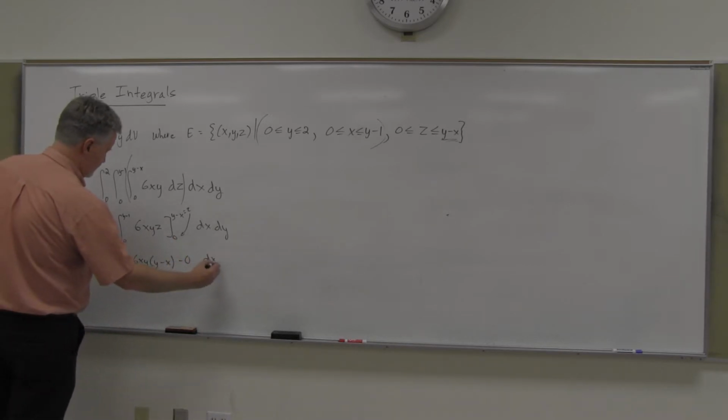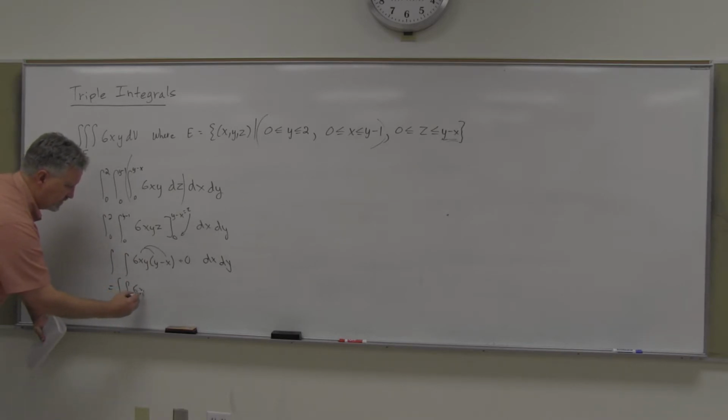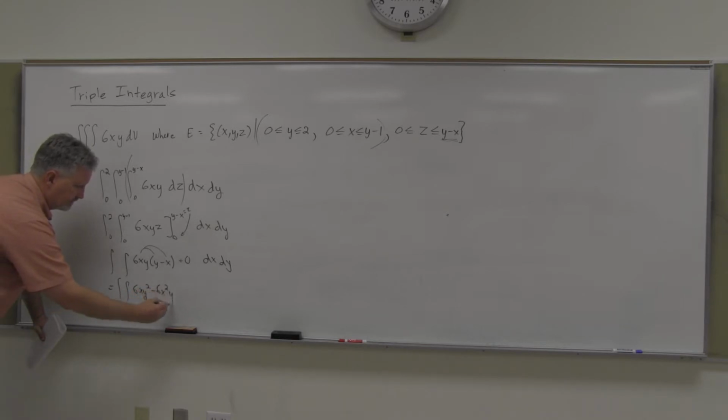Then I'm going to do the x's and the y's. Because that's 0, go ahead and distribute that in, and then do the antiderivative. So that'd be 6xy squared minus 6x squared y.